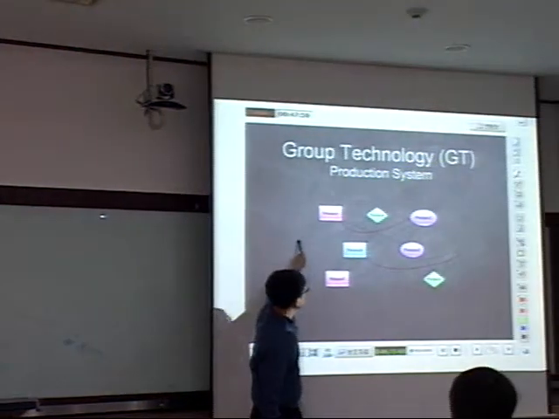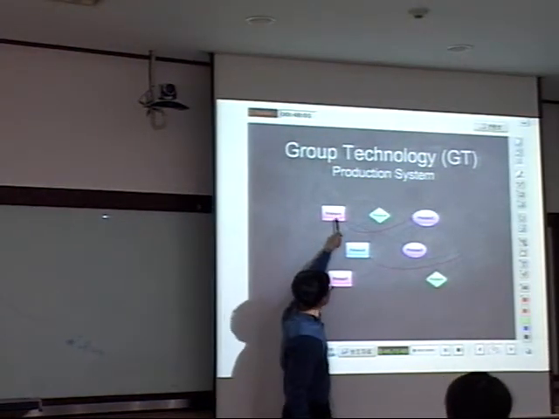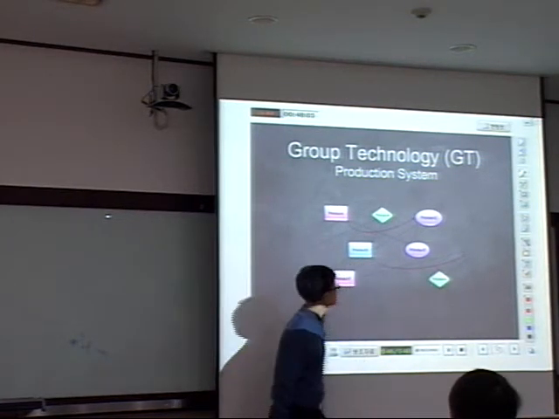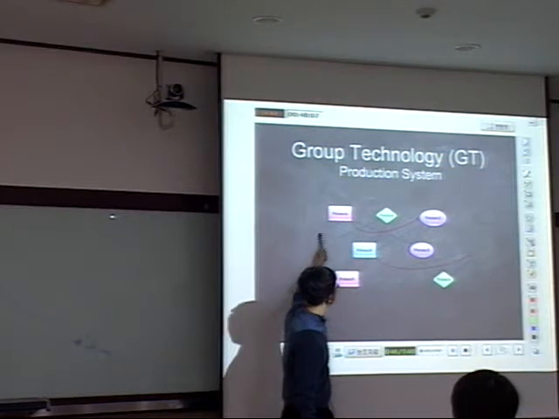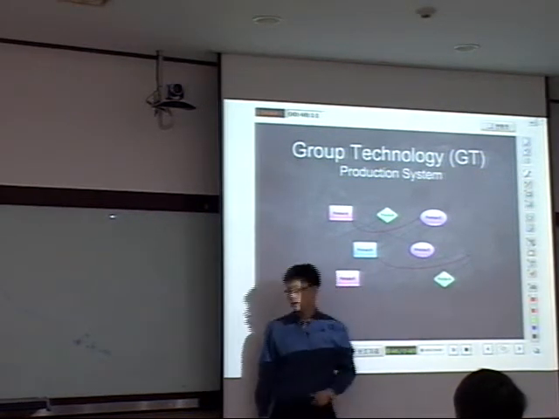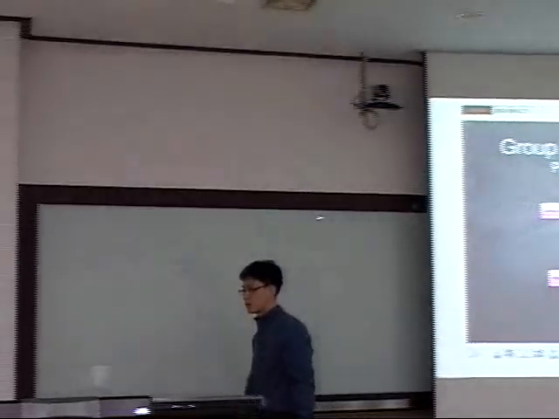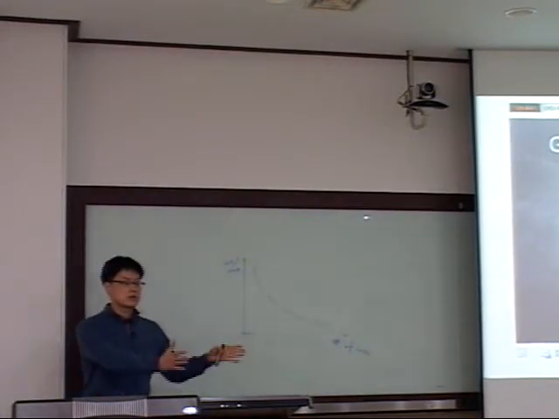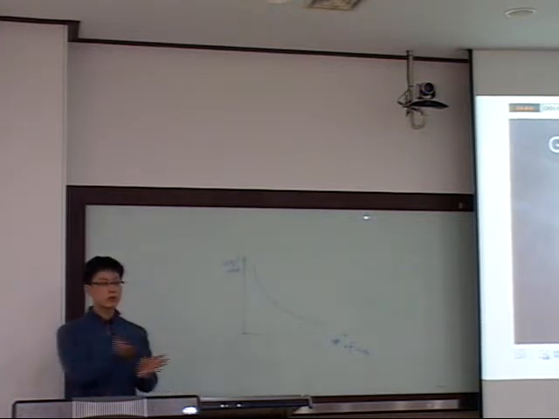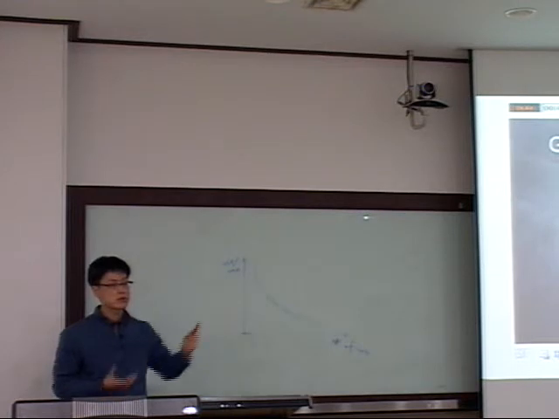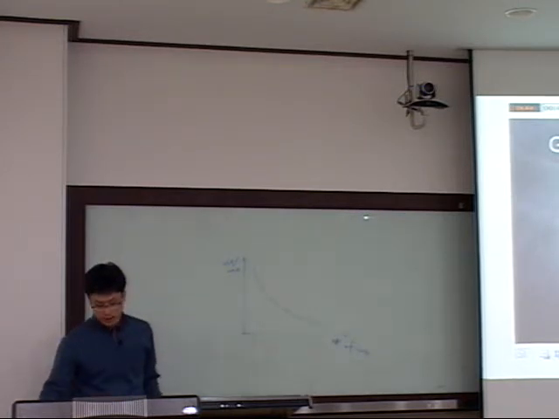So some parts go into process A and then go to process E and G and go out of this system. And some parts go into A and then process C. So anyway, since we are making unique parts, even though in the same shop, the flow of intermediate products is not well organized. It looks like this messy spaghetti.